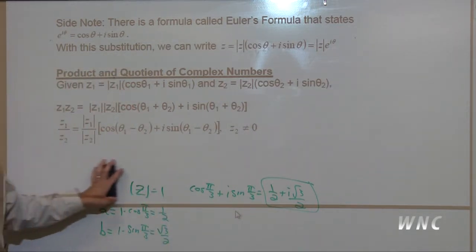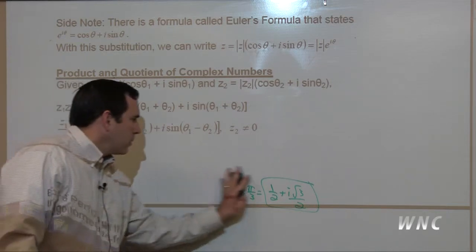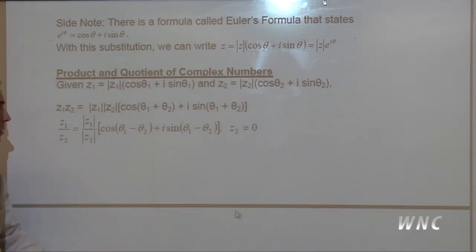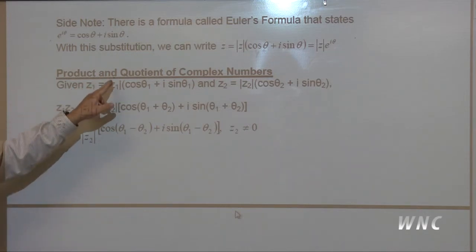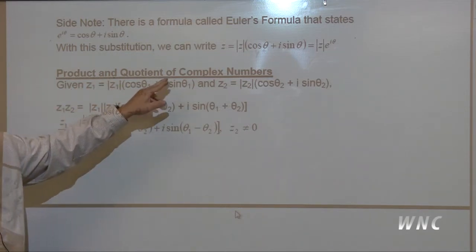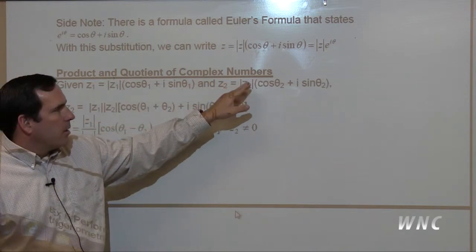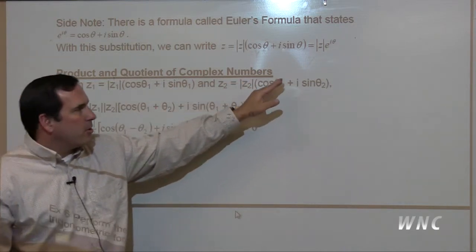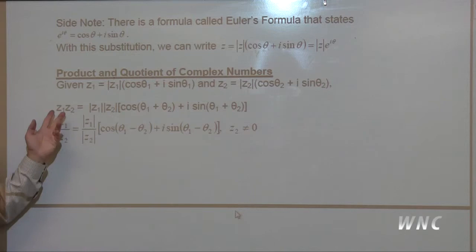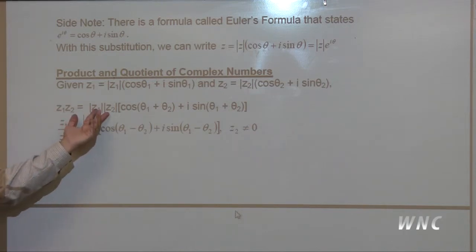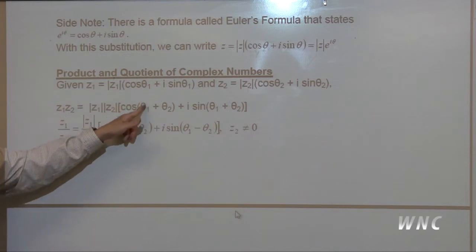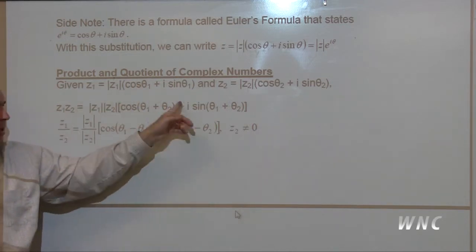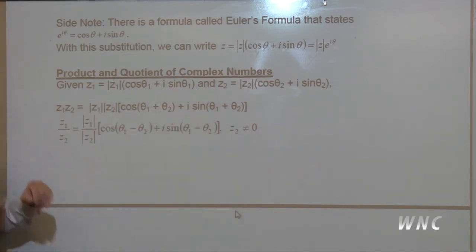Product and quotient of complex numbers. If z1 is the magnitude of z1 times cosine theta 1 plus i sine theta 1, and z2 is the magnitude of z2 times cosine theta 2 plus i sine theta 2, then z1 times z2 is their magnitudes multiplied, and now this is where it gets cool, times cosine of theta 1 plus theta 2 plus i sine of theta 1 plus theta 2.